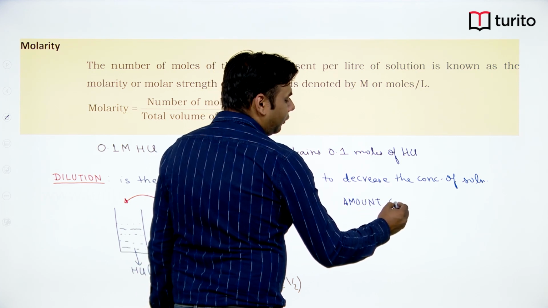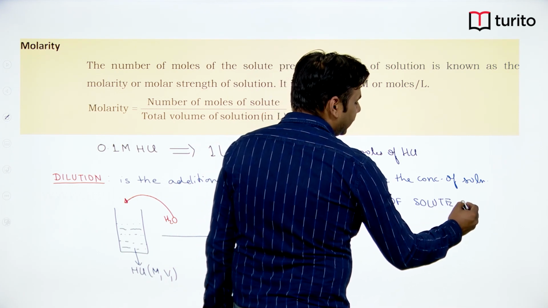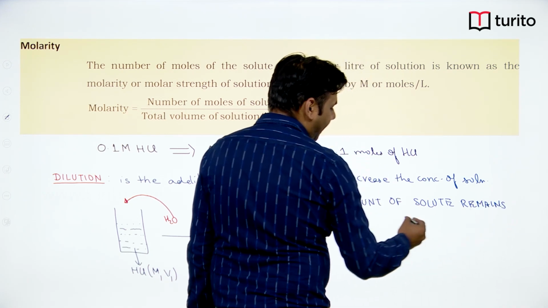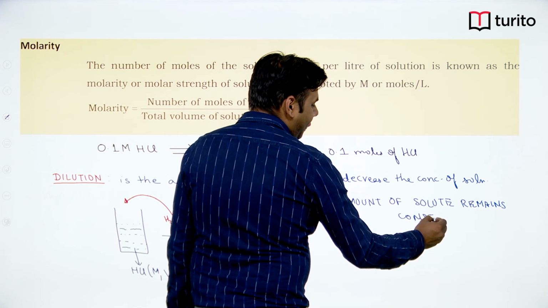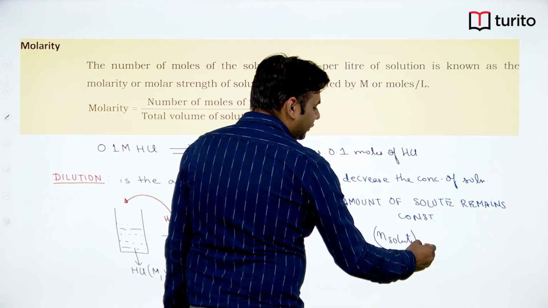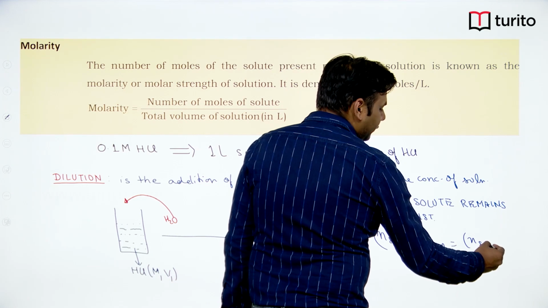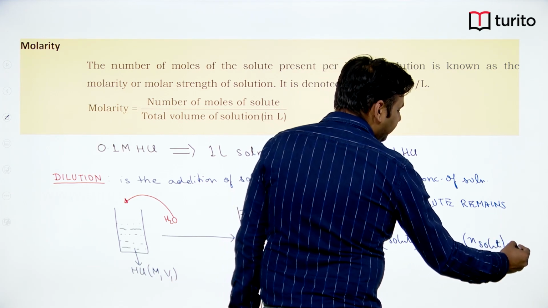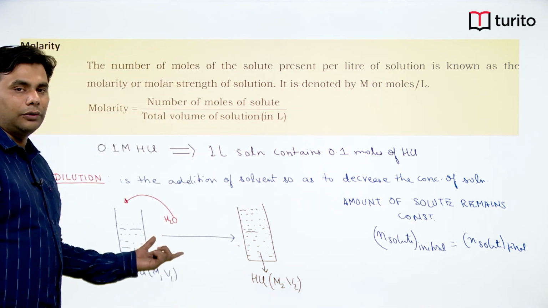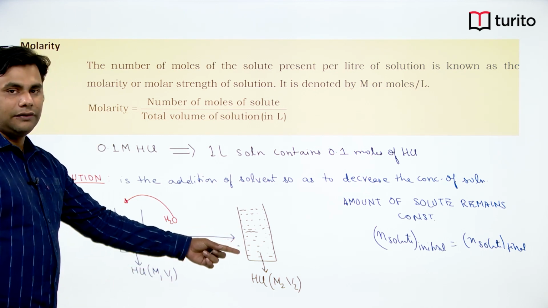So the number of moles of solute initially should be equal to the number of moles of solute finally. We have not added any solute, only solvent. So the amount of solute which was present over here is still the same.